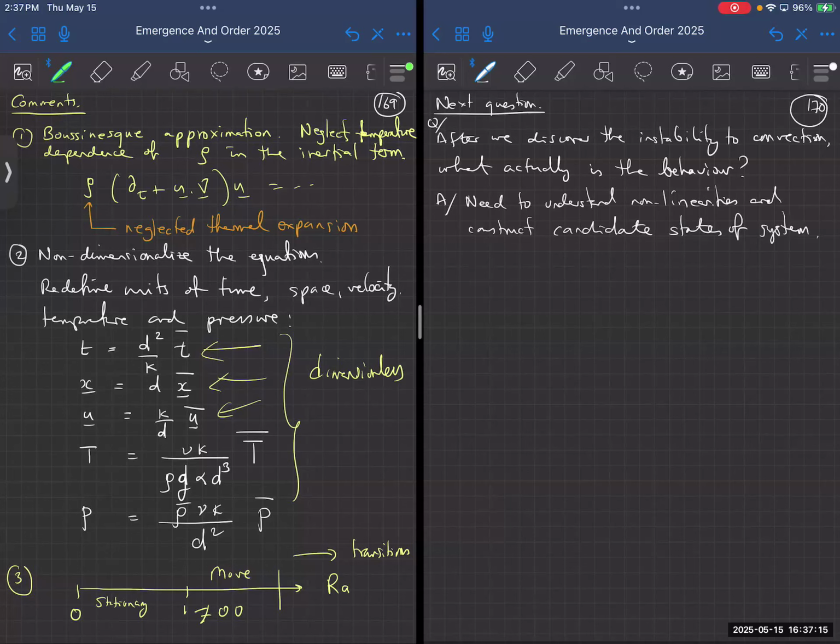So let me tell you what I mean by that. So what I'm going to do now is in section 7.5 of my lecture notes. This is, if you like, the qualitative picture of the phase diagram.